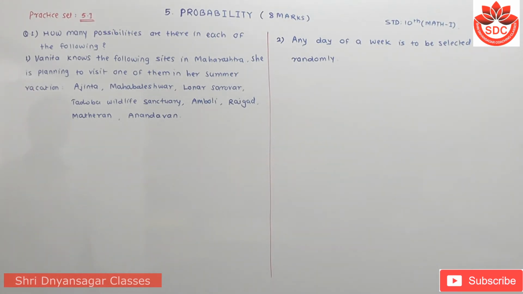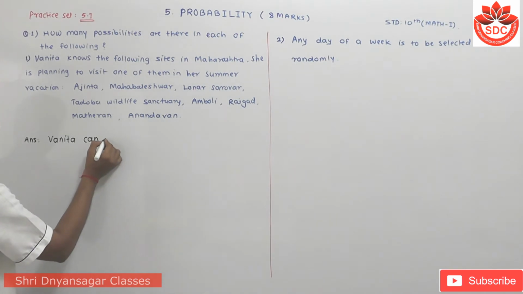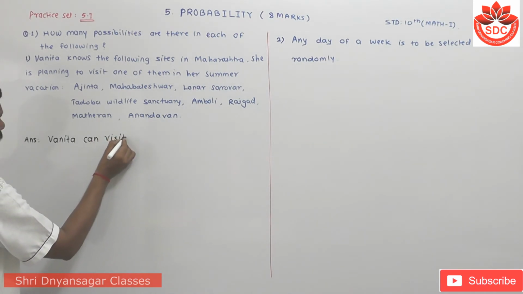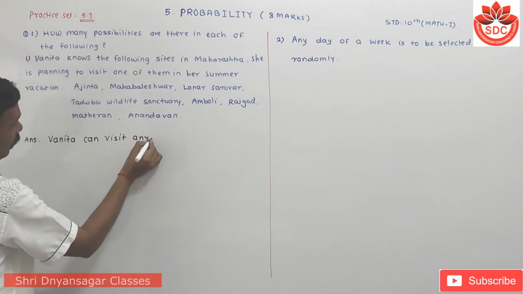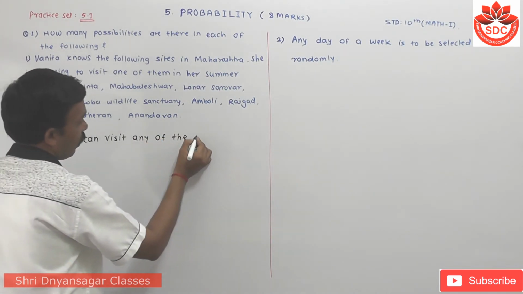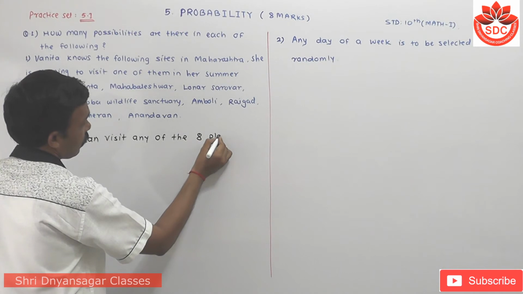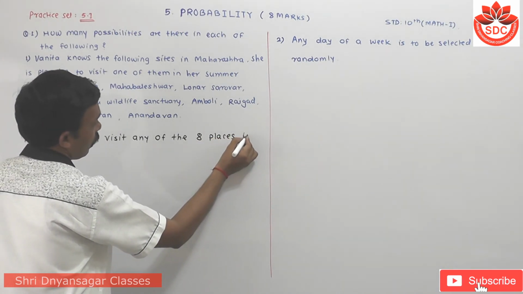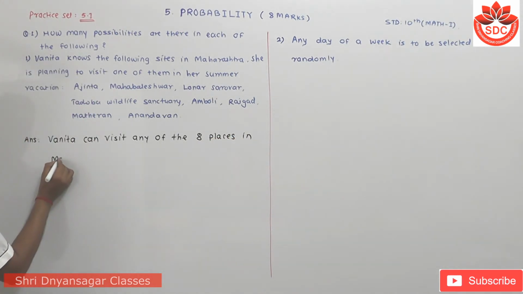I will write here the answer: Vanita can visit any of the 8 places in Maharashtra.